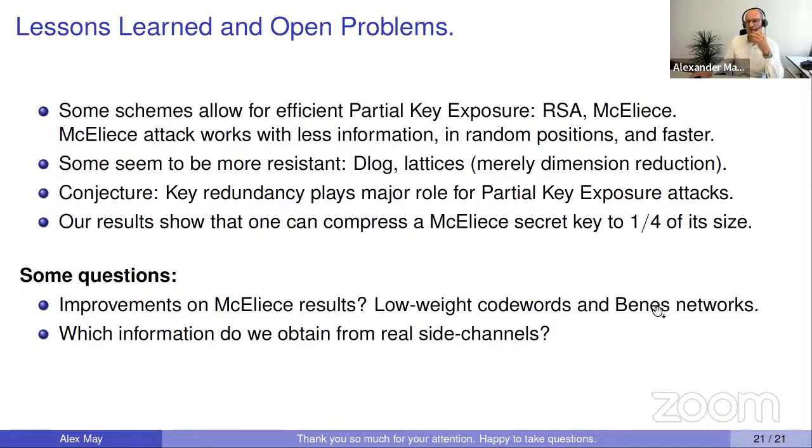And also how to extract these alpha i's in practice. For now, I assume that I just get them by some side channel, but it's not clear to me that you can really do this in real side channel attacks. But there's also some CHES work this year that shows that in some cases you can really do that.